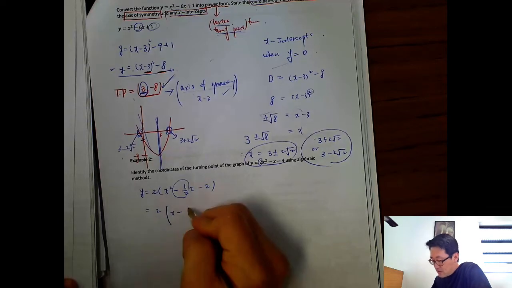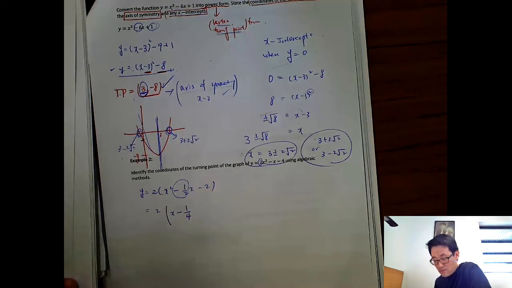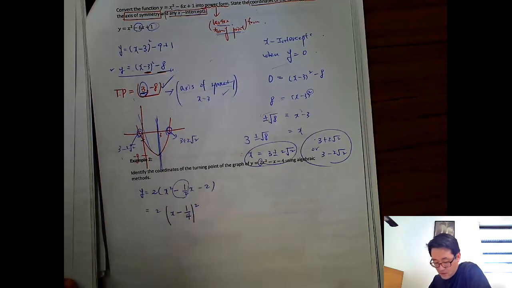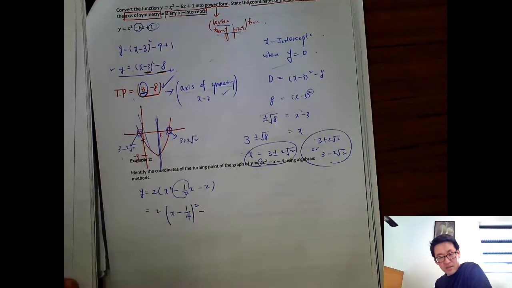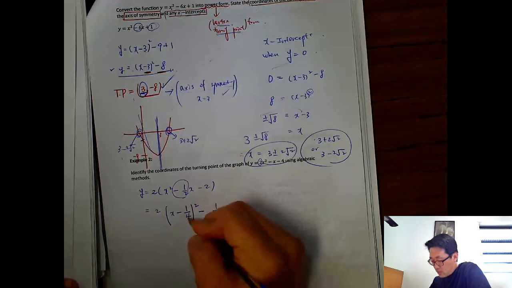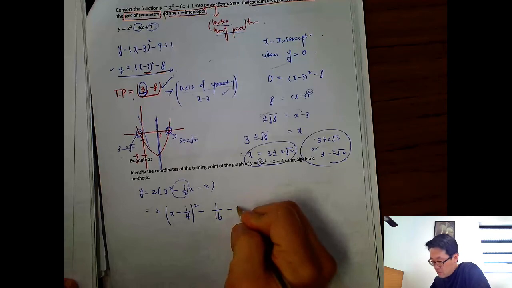X minus half, yeah, times 1 over 2, and then square, minus, always, square that, 1, 1, 1, 4 times 4, 16, minus 2.